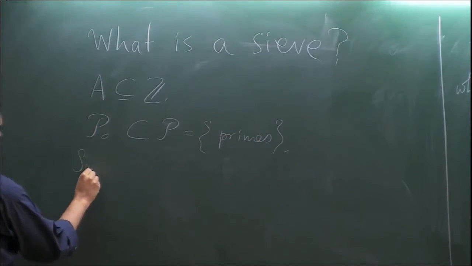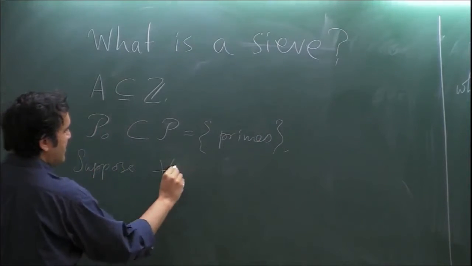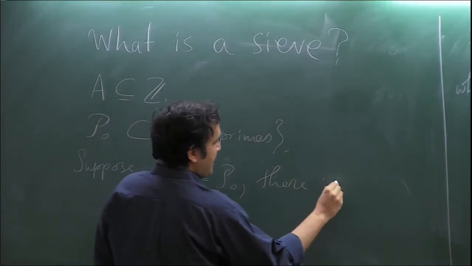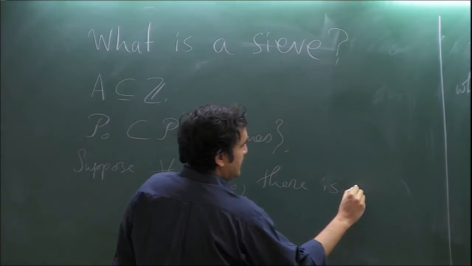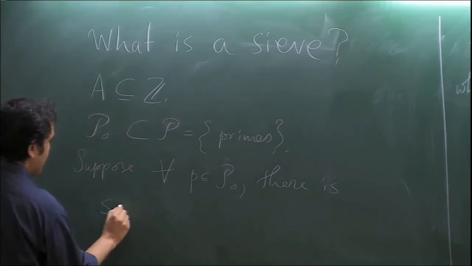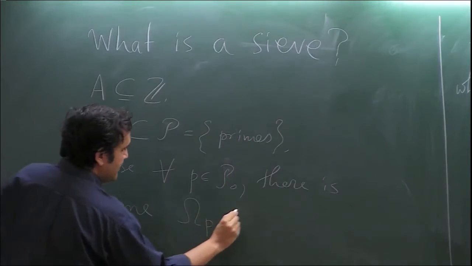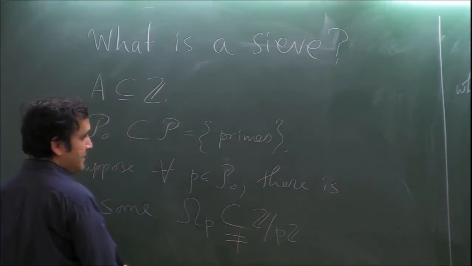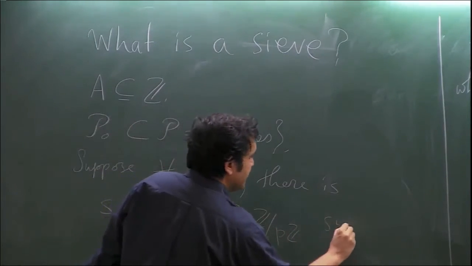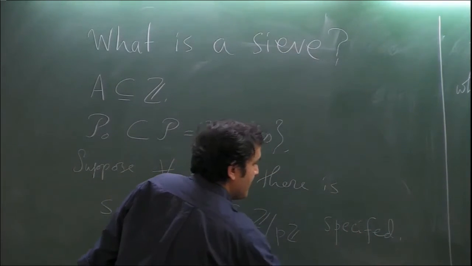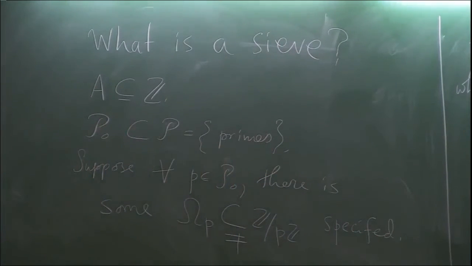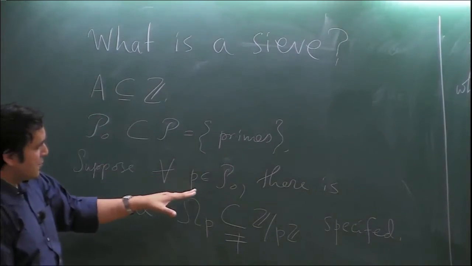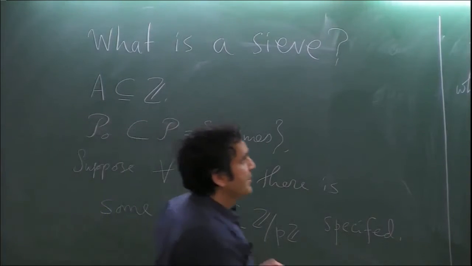And suppose for every prime in P naught, there is some subset omega p of the residue classes Z mod pZ, a proper subset, which are specified. And then we want to sieve out the integers which, if you reduce mod p, should not lie in omega p.